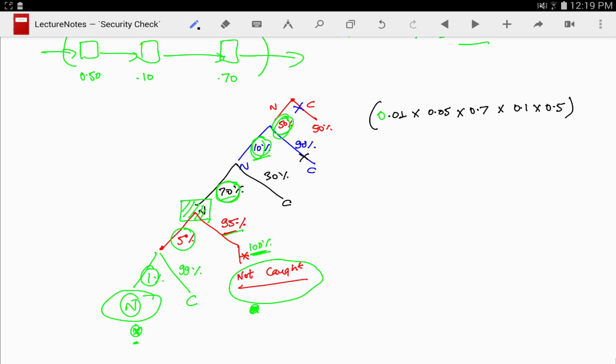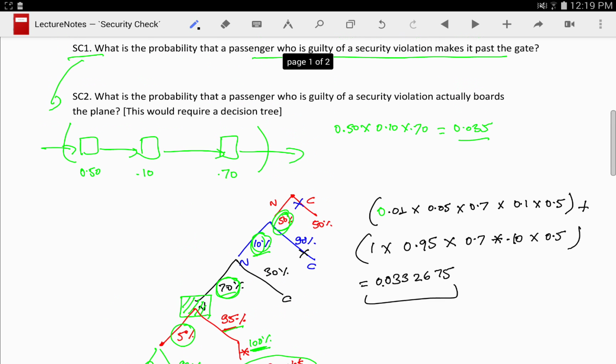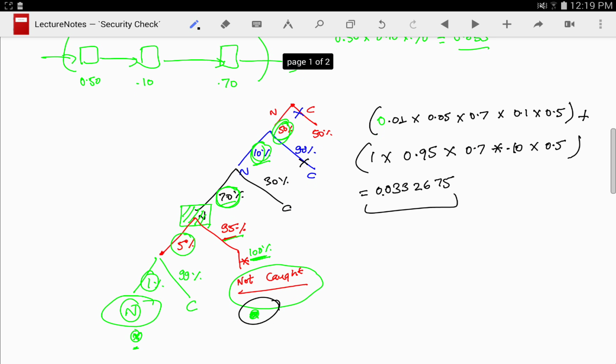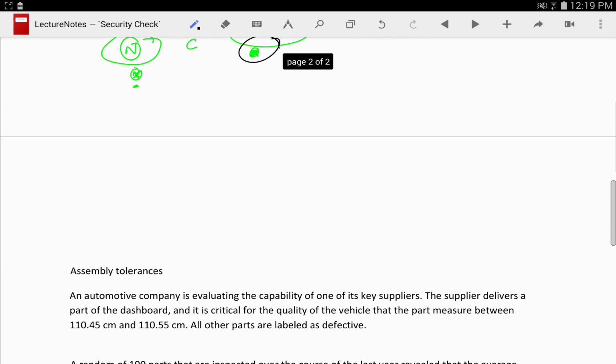This probability plus the probability of ending up here, that is 100% times 95% times 70% times 10% times 5%. If you add those two, you will get 0.032675. Then for the test, I will not ask questions where you absolutely have to use a decision tree like this, but knowing decision trees might be helpful, at least for future endeavors.